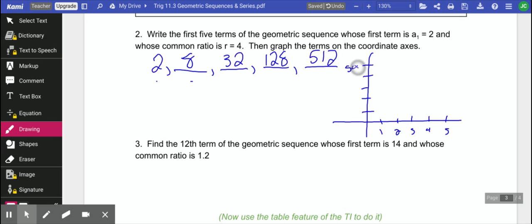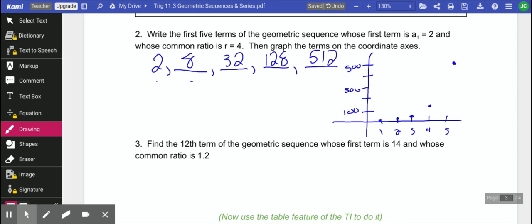So I'm going to scale these by hundreds. Our first term is 2, and our next term is 8, and then 32, and then 128, and then 512. So you can see that is definitely exponential.